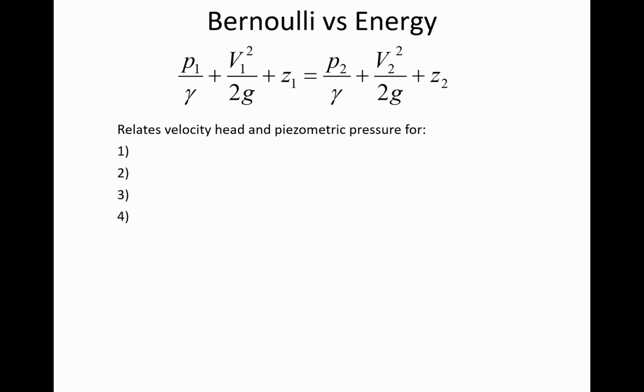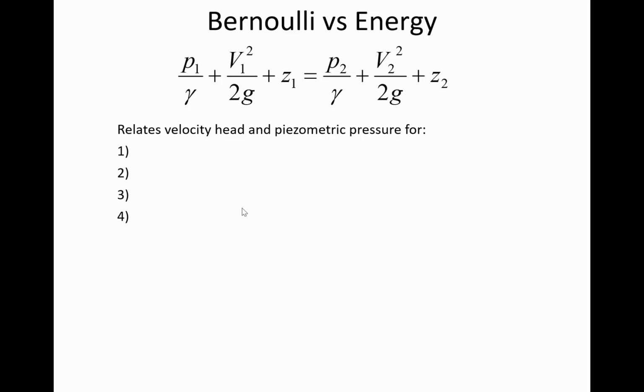The third assumption was that we're applying it along a streamline, and the fourth was that we have steady flow. So those were the assumptions, and the key weakness of Bernoulli's equation is that sometimes it doesn't actually predict the pressure change if there's been a significant amount of energy lost due to pipe friction, turbulence, or other factors.